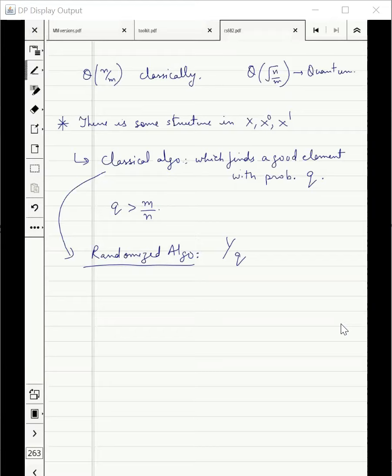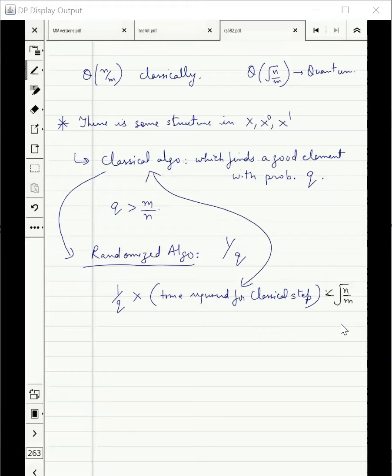If it turns out that 1 by q times the time required for this classical algo, which uses the structure, is less than square root of n by m, then we lose the quantum advantage.